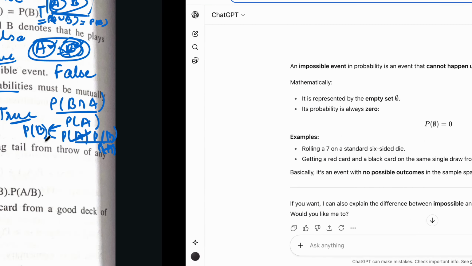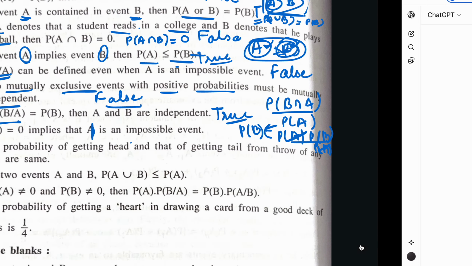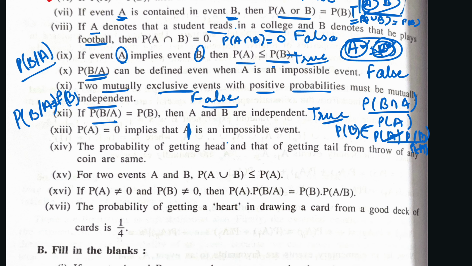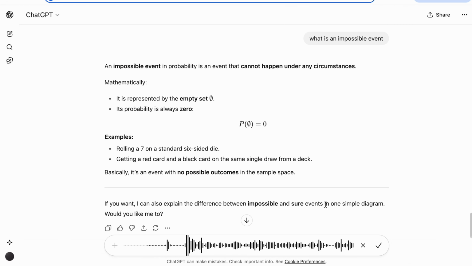Okay. If probability of A is equal to 0 implies that A is an impossible event, true or false? My book says it is false.